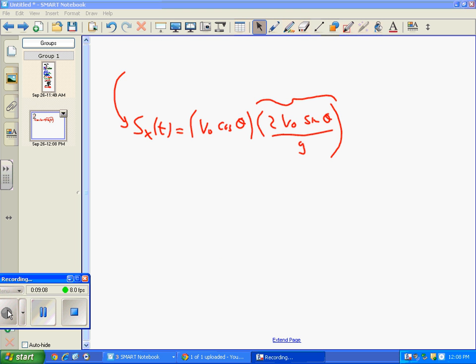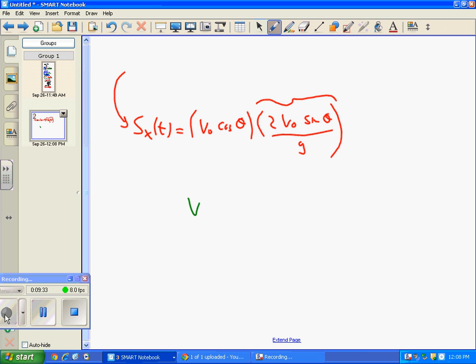So if we look at this, there's actually something very nice hiding in here. We know if we want to maximize this with respect to theta, one option would be to take the derivative of this with respect to theta, set that derivative equal to 0, and then confirm that it's a max. But let's avoid that. So let's take a look at it.